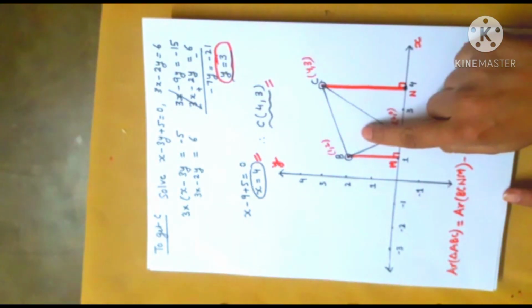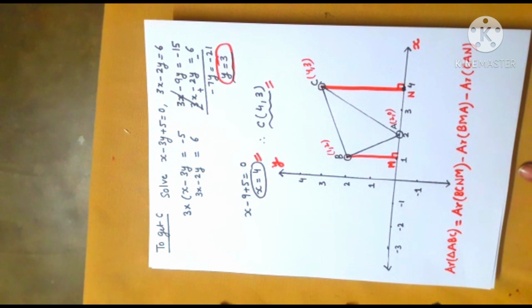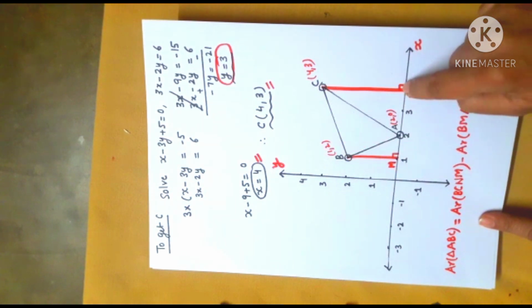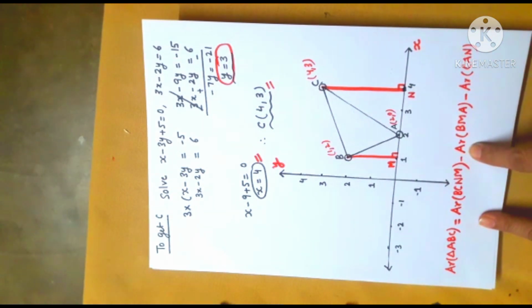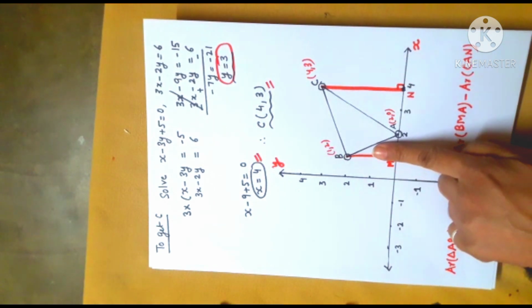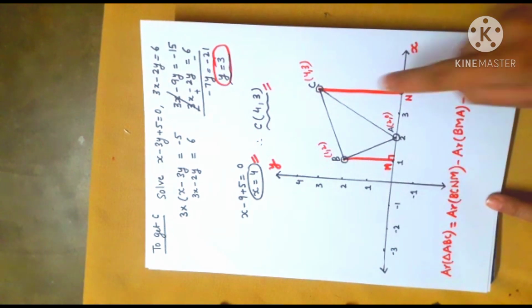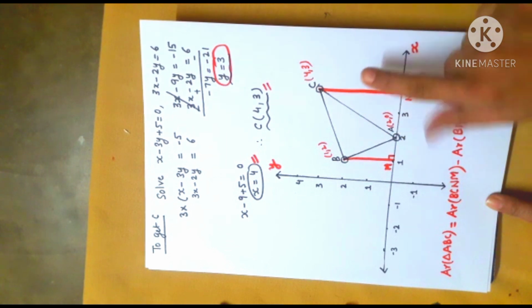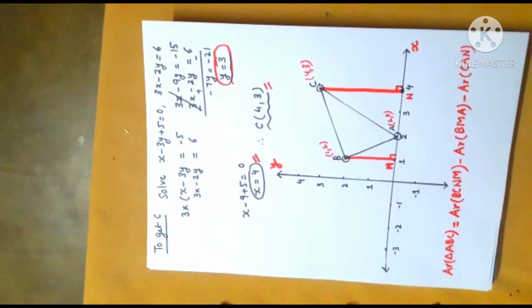Do I get the triangle ABC? Yes. So area triangle ABC can be written as area BCNM minus area BMA, that is this part, minus area CAN, that is this part.